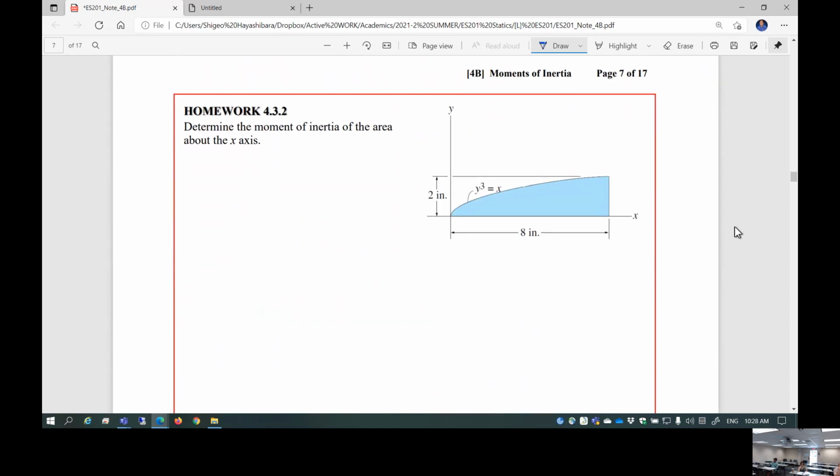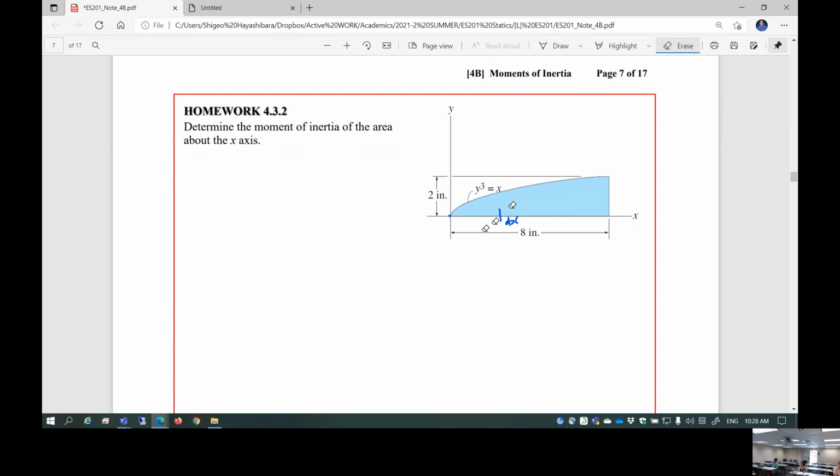Homework 4-32. Determine the moment of inertia of the area about the x-axis. Again, there are two ways to do that. You can choose x and cut out the strip dx, then integrate from x equal to 0 to 8 inches. That's one way.